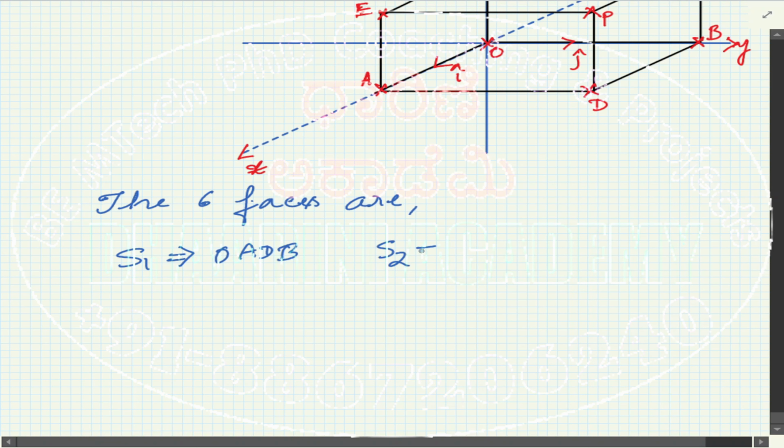Then we'll write S2, O A E C. Then S3 can be written like this: O B F C, the backside surface.